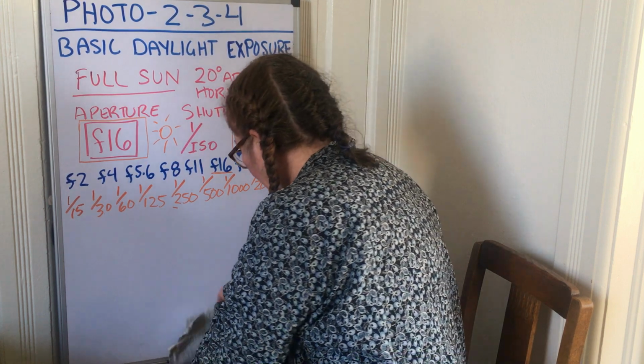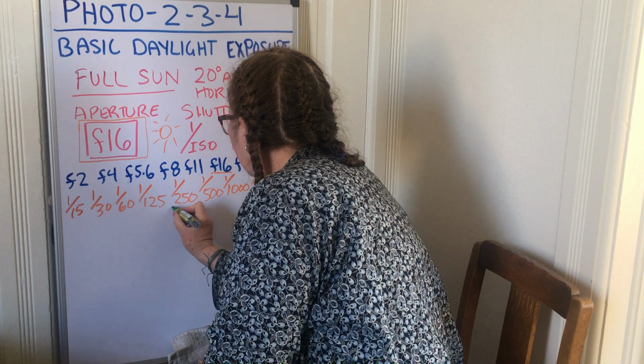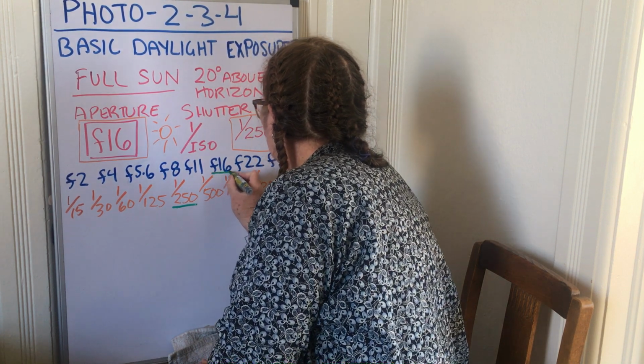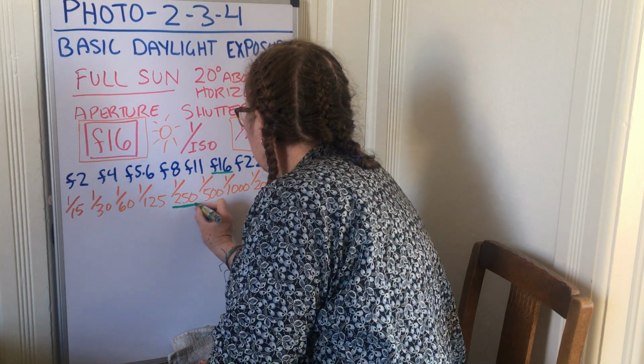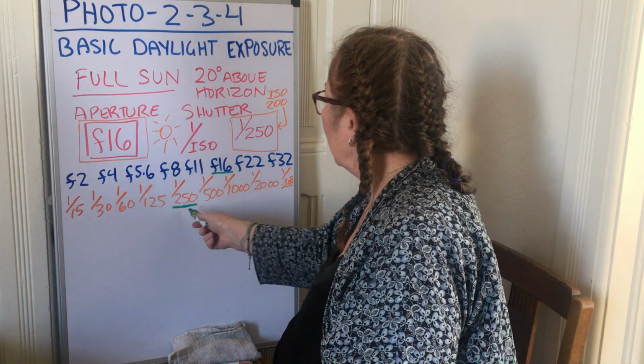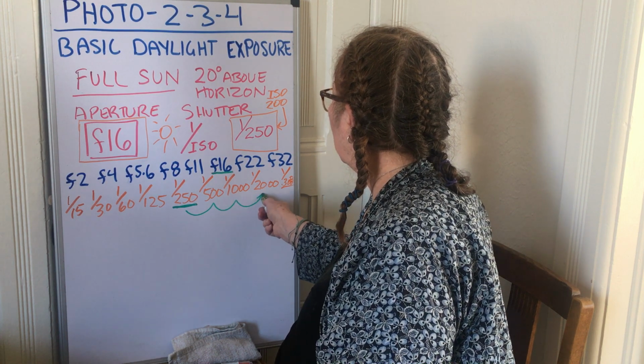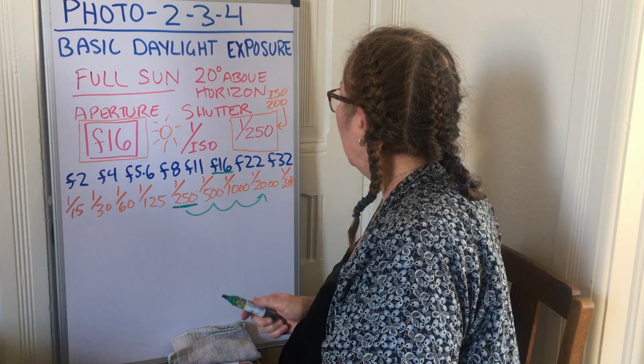Use a different color on that so we can see it. There we go. So we've got f16 at 1/250th of a second. Let's say that you want to freeze motion. So now you're going to change your shutter speed, let's say 1/2000th of a second. So 3 stops up.